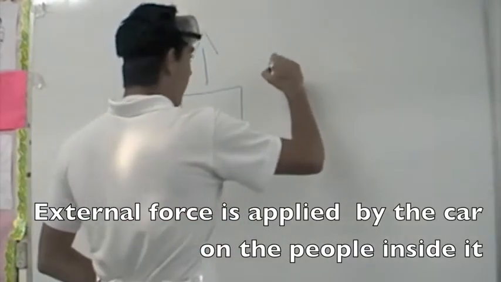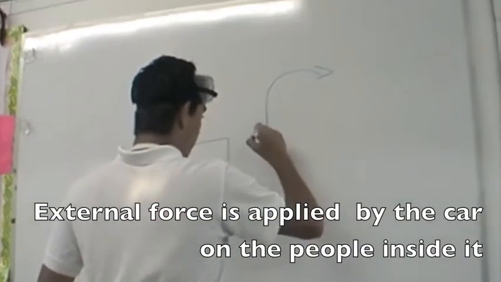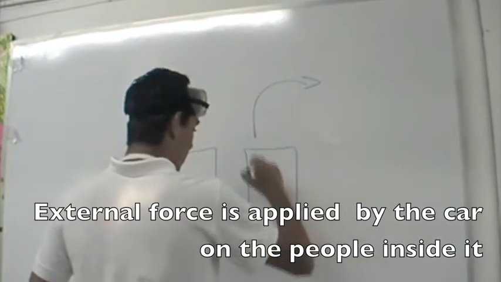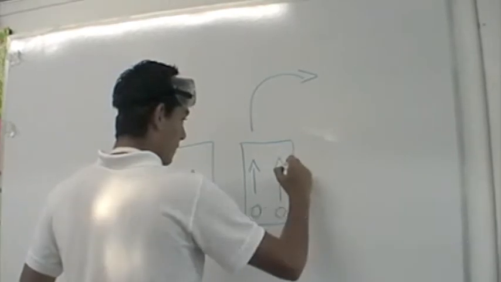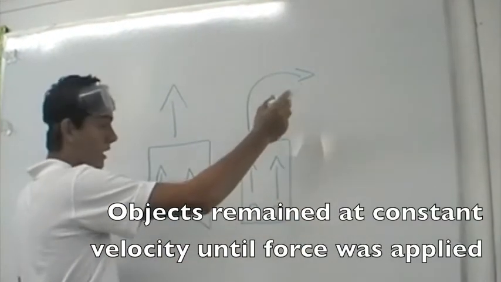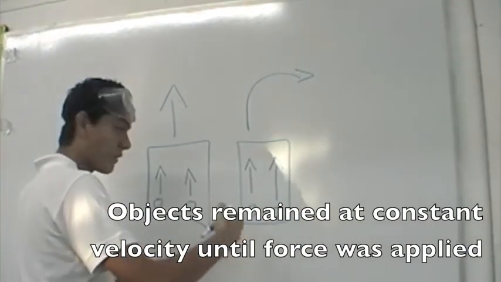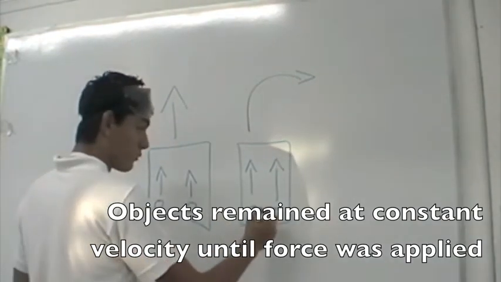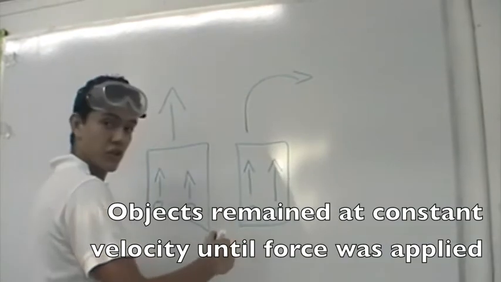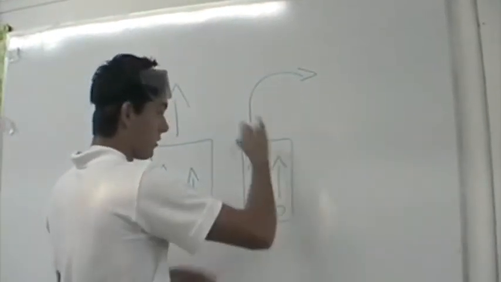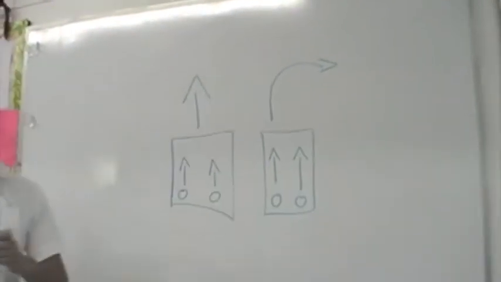When I turned to the right, the people in the car were still going in a straight line. So they tended to maintain their actual position, and that's why they moved to the left: their inertia was making them go in the same line they were going.